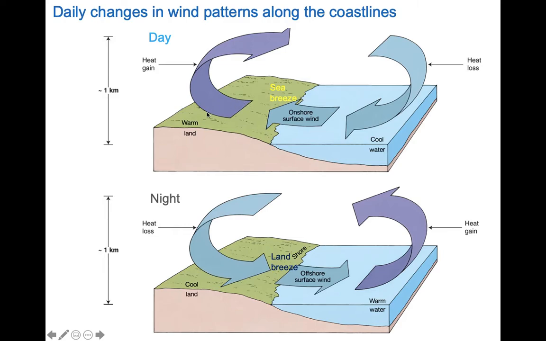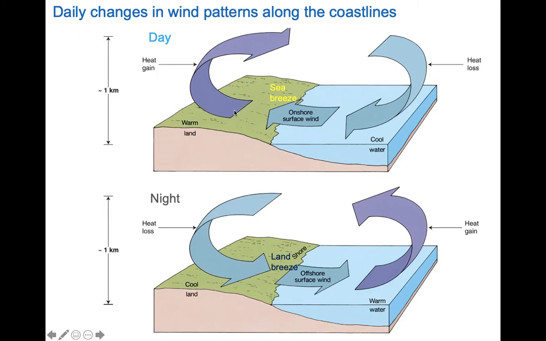So during the day, we have very warm land and cold water. So we have this warm air over the land rises because it's now extremely warm and light, and it basically rises into the atmosphere.